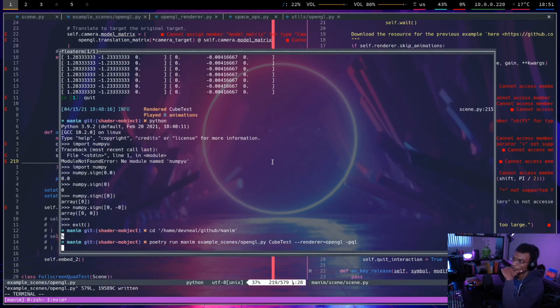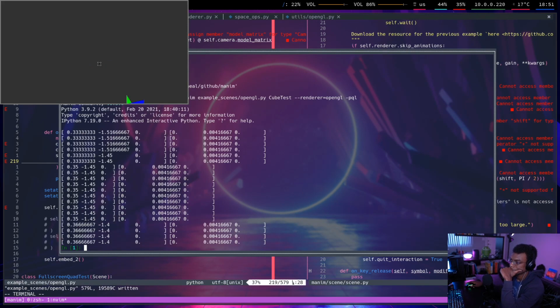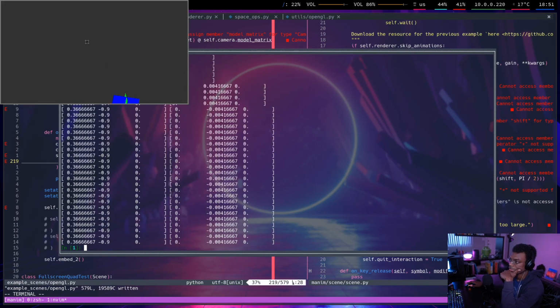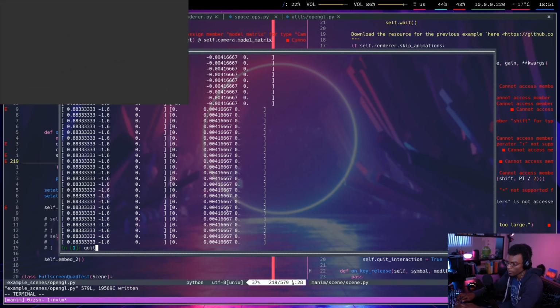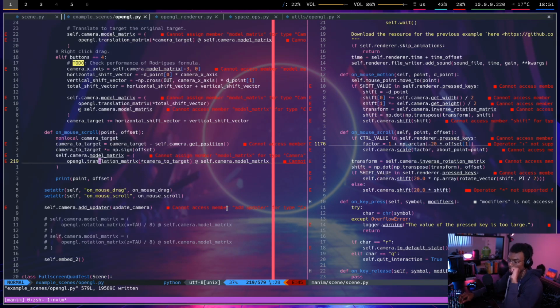Alright. That did not do what I expected. I actually don't know what it's doing, but it isn't correct. Okay, why would that go wrong? Translation matrix times camera to target.